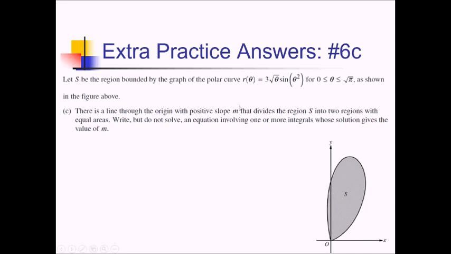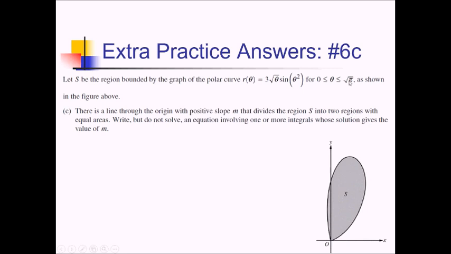Now, how does the slope m figure into all of this? Well, if you're writing integrals that give you areas, you need limits of integration. We found the area of this whole region S in part A, and it was the integral from 0 to radical pi.